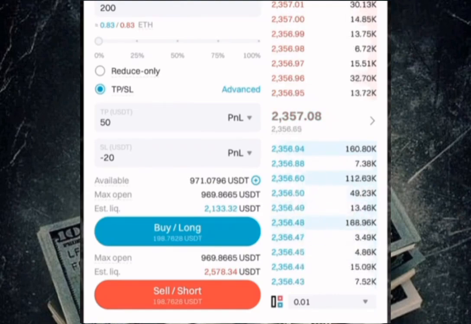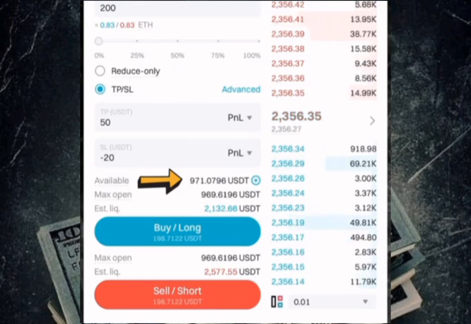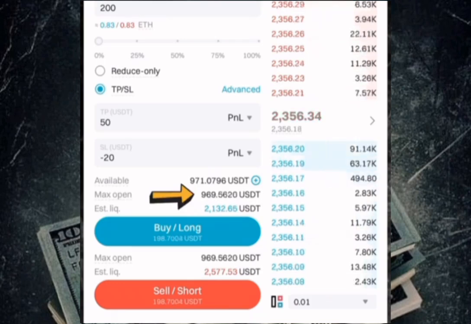Now, the next thing is where you have this available. Available is showing you the amount of USDT you have in your wallet. So it is available now at 971 USD. That means I have now 971 USDT in my futures wallet on Bitget. That's the meaning. And then you have maximum open, which is $969. Maximum open means that this is the maximum amount of money you can use to enter a trade.